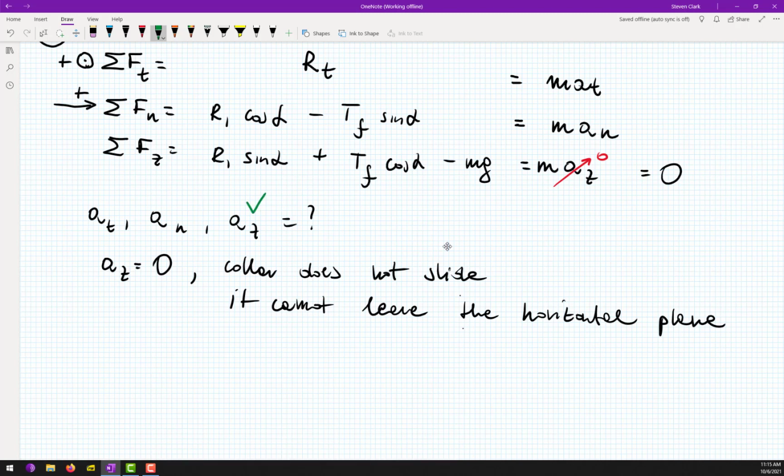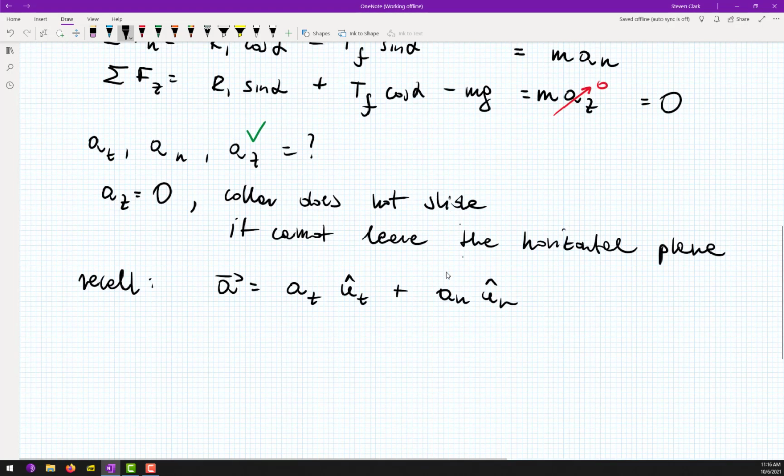33% of the problem done. Now recall that A can be always expressed in this form: AT UT, in planar motion of course, plus AN UN.